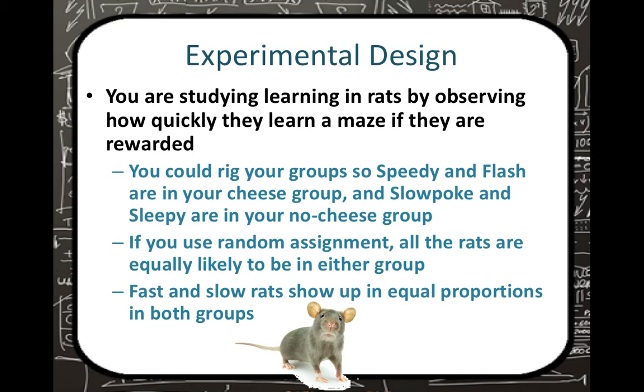So then we can expect that the fast rats and the slow rats should show up in equal proportions in both of our groups. Therefore, kind of starting us at level. So we can really see what is the effect of the cheese, not the effect of whether we stuck the fast rats or the slow rats in a group.